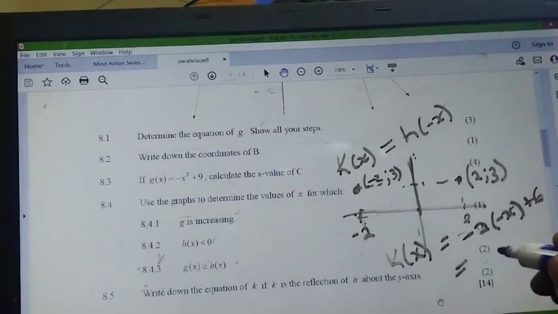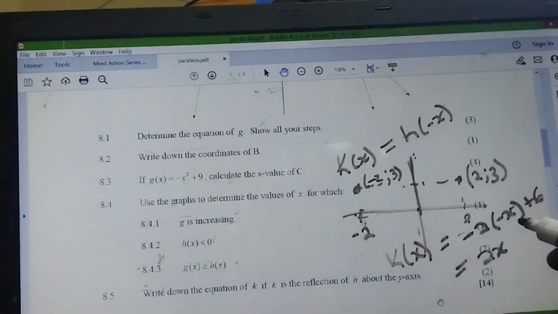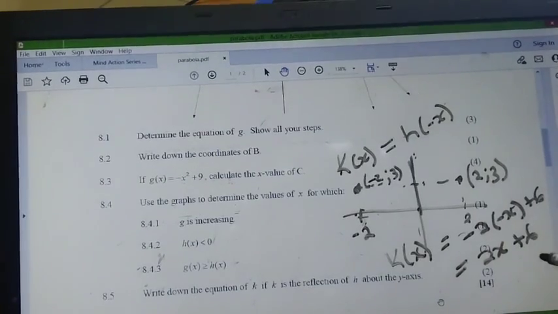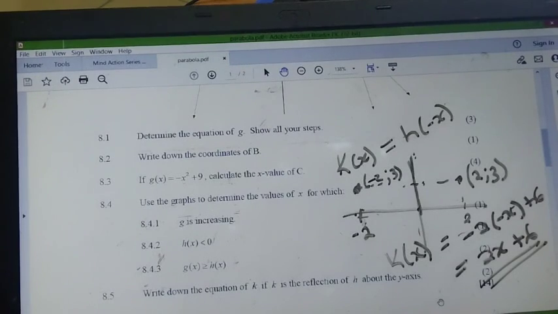Simplifying this, it becomes 2x, that is -2 times -x is +2x, plus 6. That is our equation for k of x.